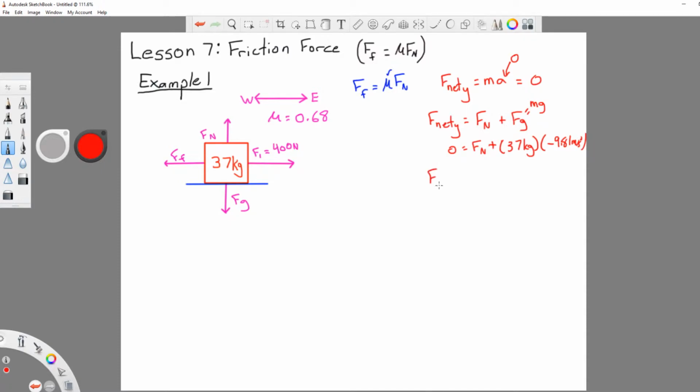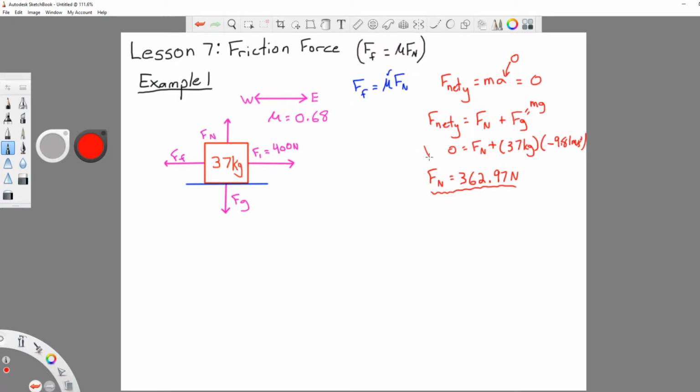So if we work that out, normal force here should equal, I get 362.97 newtons. That's a useful value for us, because now we can determine what the force of friction is here.